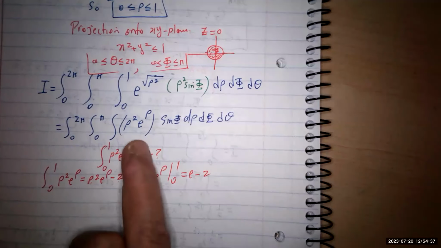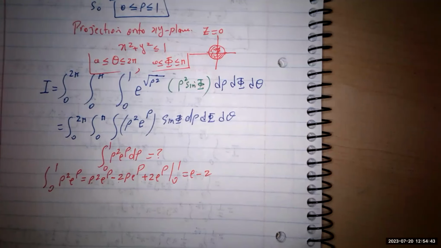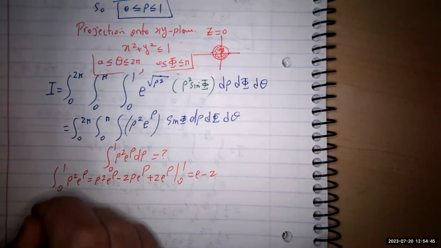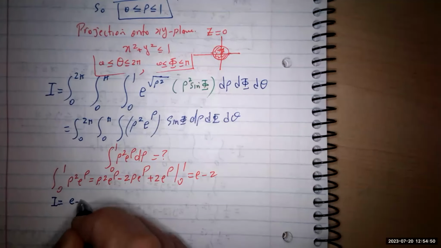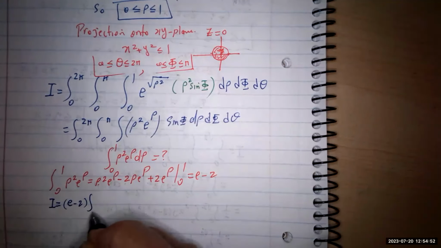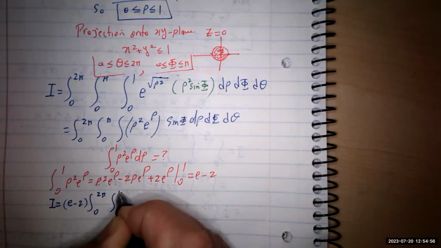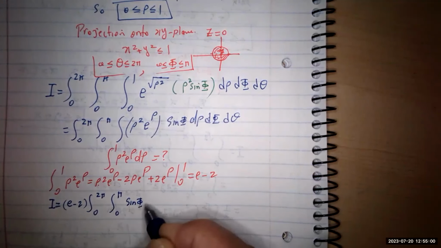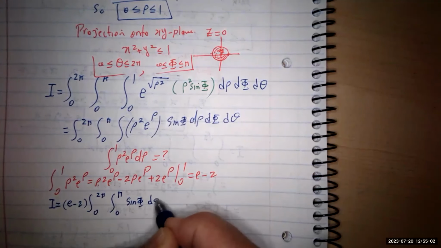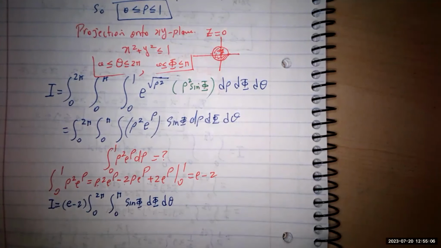Okay, you go back, it's a number, you pull it out and start integrating the sine. So we end up with I equal to e minus 2 out, left over, integral from 0 to 2 pi, 0 to pi, the function sine phi, sine phi d phi d theta. So we integrate the sine.